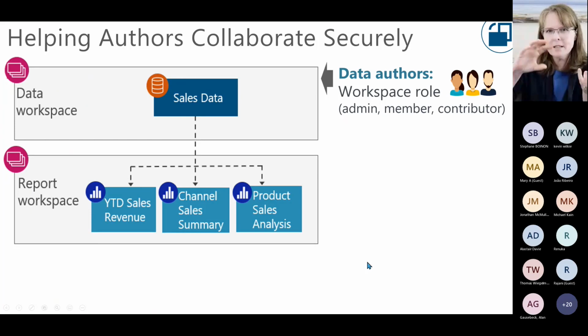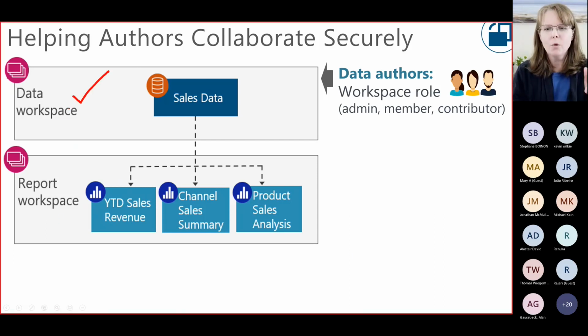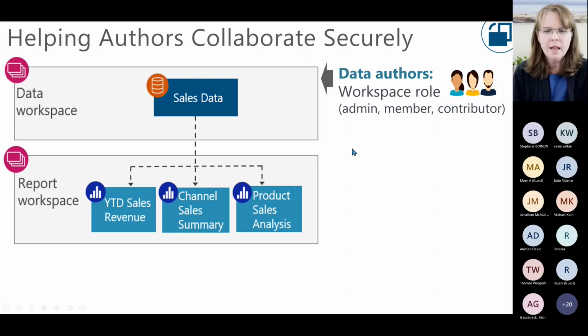So you've kind of heard me say this already. I'm going to say this basically a different way. If I've got the data up in its own workspace, like this sales data workspace here, the people that are allowed to author that data set would have a workspace role of admin, member, or contributor on this data workspace only.